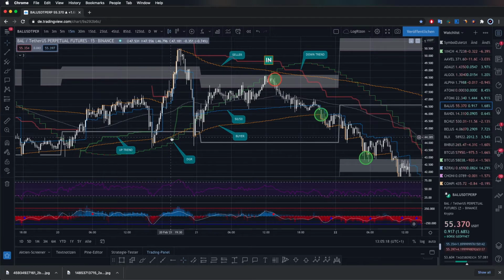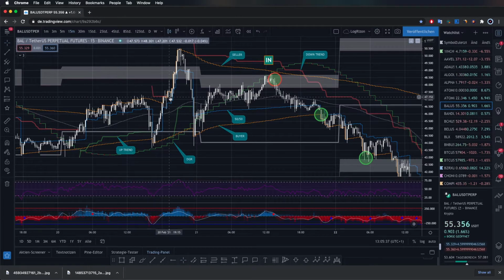So actually, it's just possible that green or red are existing. It's never the same at the same time. Here it's the green from here to here. Here is the red from here to a long way down. So which means when the green line is appearing in the chart, we are in an uptrend.